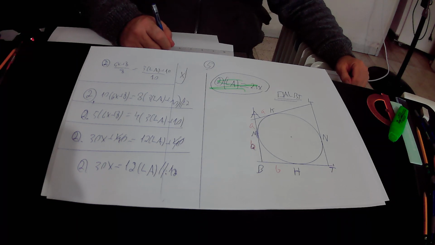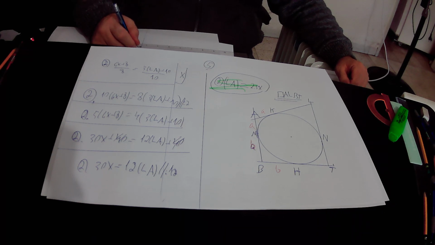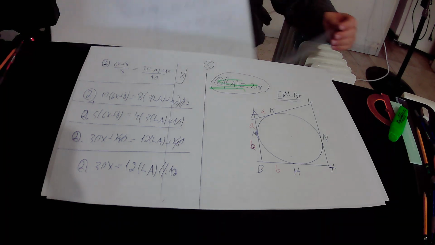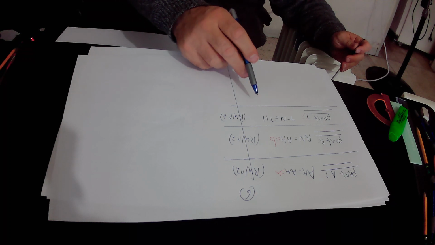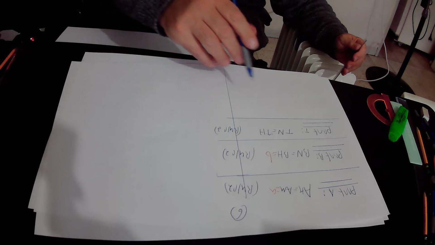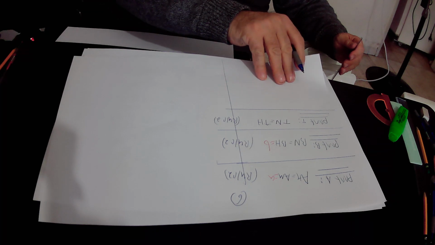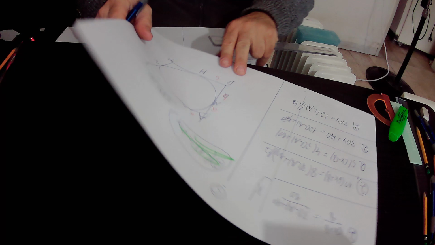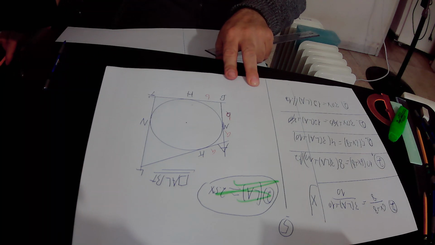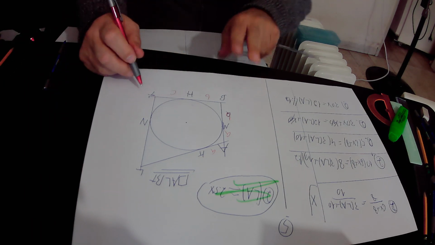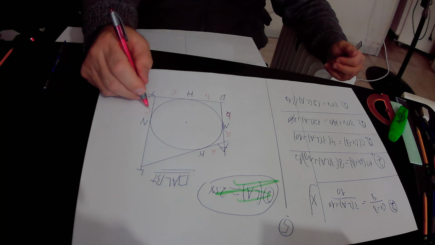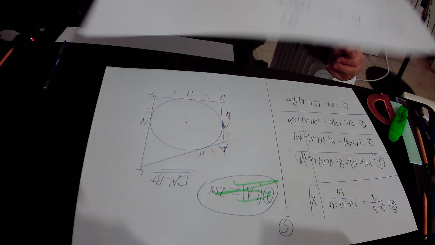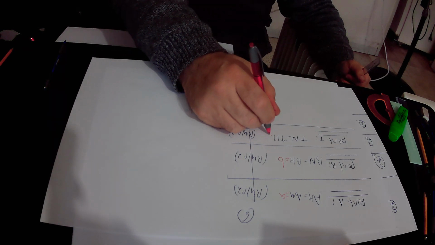That is to say, TN equals TH according to the same rule, rule 2. So if we define the length of tangent TH as C, then the length of tangent TN must also equal C because they are equal to each other. So in conclusion, we found out that TN equals TH equals C.